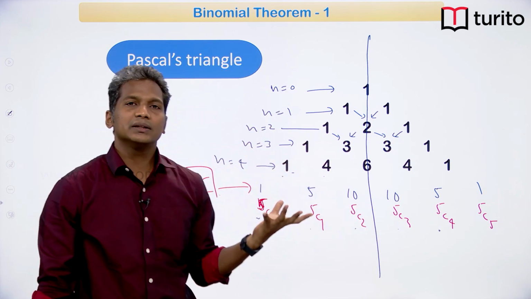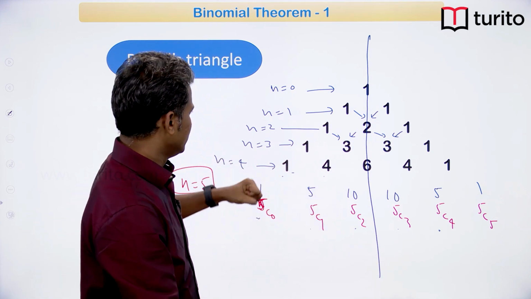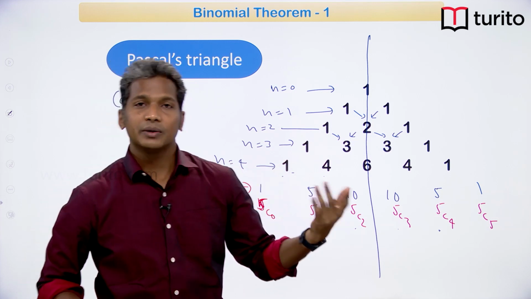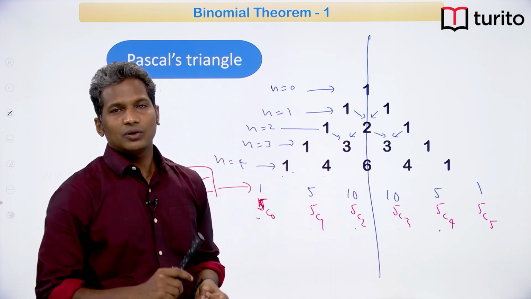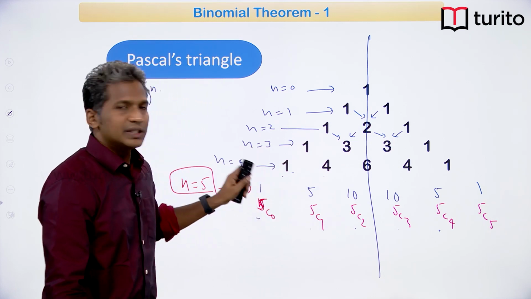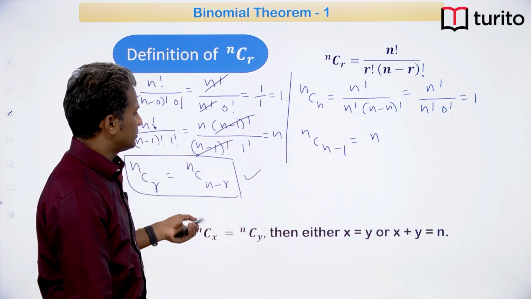So this is one pattern that you can always observe. In fact, this Pascal's triangle is actually going to give you a lot of other patterns also. You can explore all of them at a later stage. So this is one idea that we have explored here.